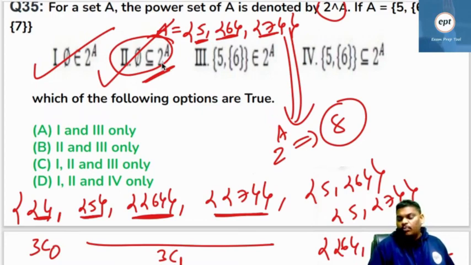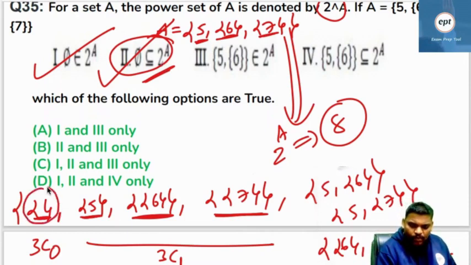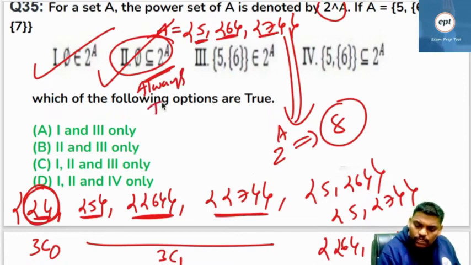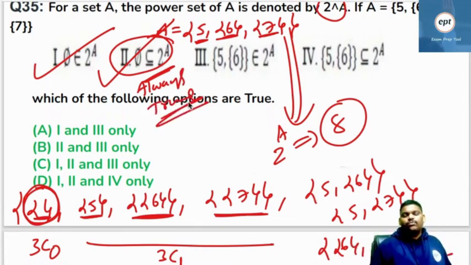Remember everyone, the second point is true every time. First one, pi is an element of 2 power A, true. See, in 2 power A, pi is one element. But pi is a subset of every set. This is always true, irrespective of the set.